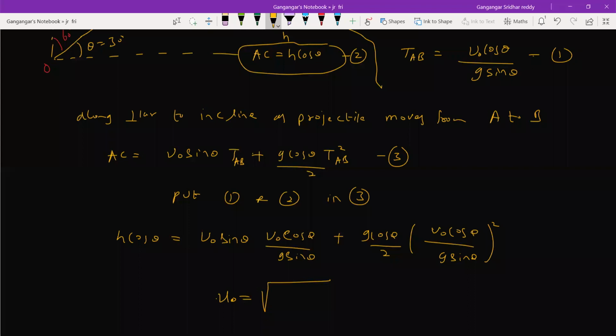Sir, root 2gh by 2 plus cot square theta. 2 plus cot square theta will be outside the root. Yes, sir. Okay, fine.